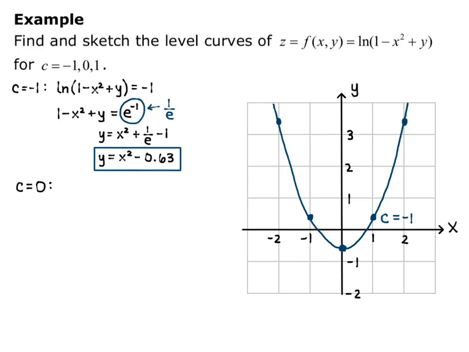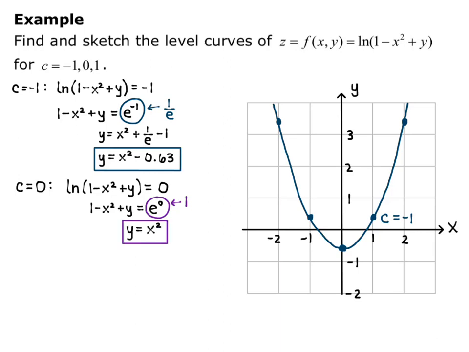Replace z with 0, and we have natural log of 1 minus x squared plus y equals 0. Let's apply e to both sides. So 1 minus x squared plus y equals e to the 0, which we know is 1. Solve for y, and we get y equals x squared. So the graph is the basic parabola of y equals x squared.